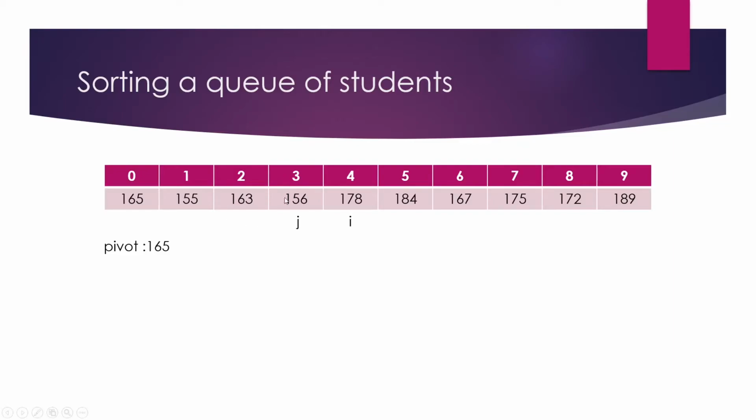So swap between 156 and 165. Therefore, when you swap the pivot 165 to index 3, or J, as you can see, the pivot location is sorted. How do I know the element 165 is sorted?